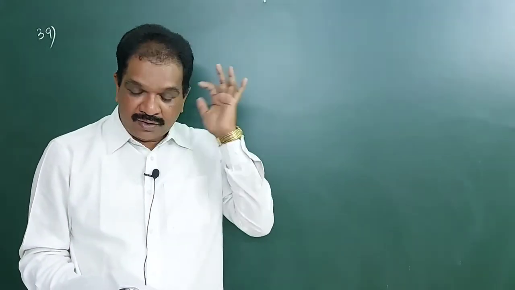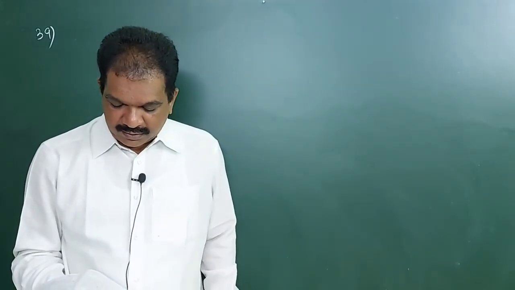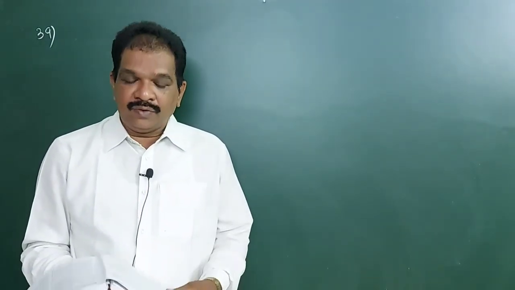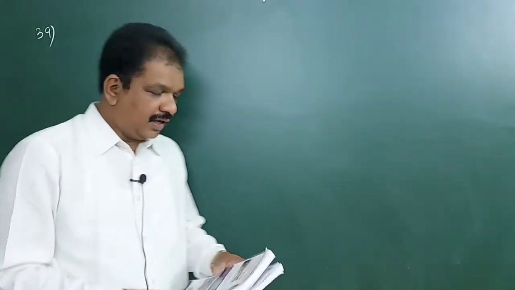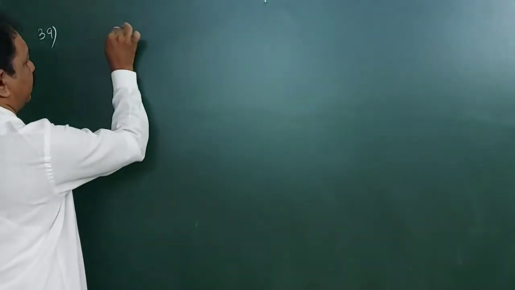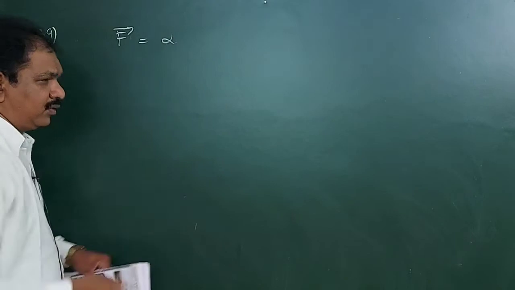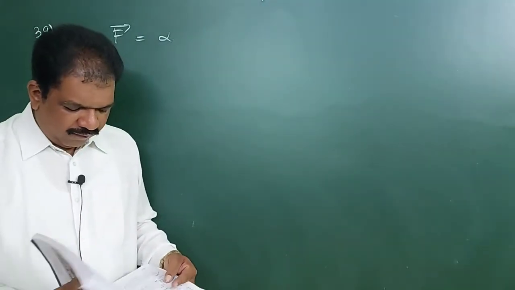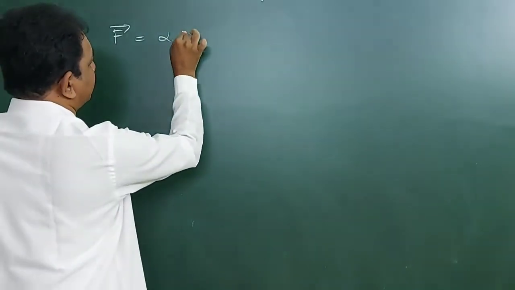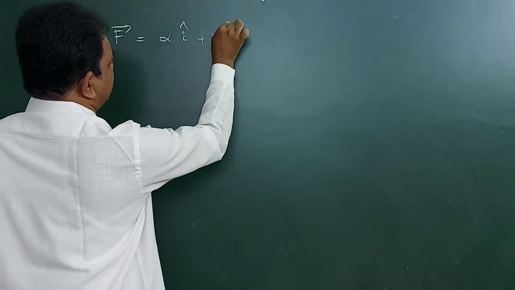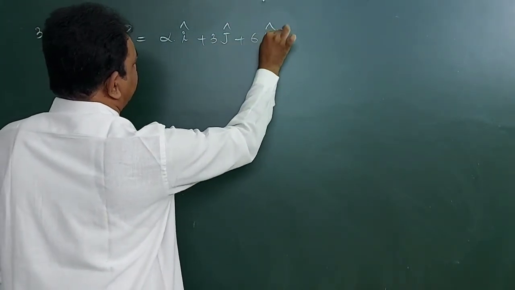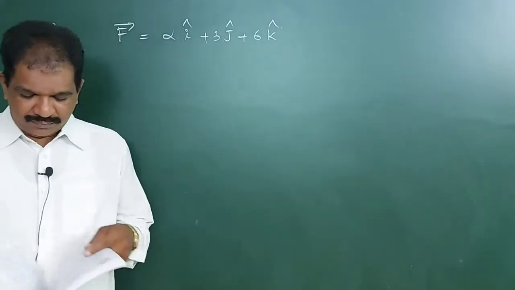Force value is given, R value is given, then torque value is conserved. F bar is equal to alpha i cap plus 3j cap plus 6k cap.